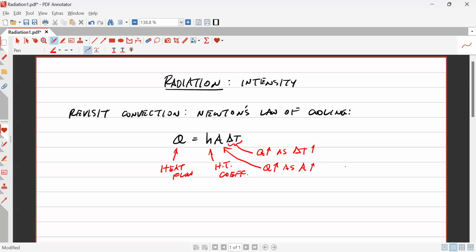But then there's many other complexities that come in with convection, things like the type of fluid, the properties of the fluid, the geometry, the flow rate, and so forth. So the catch-all really comes down to what this value of H is here.